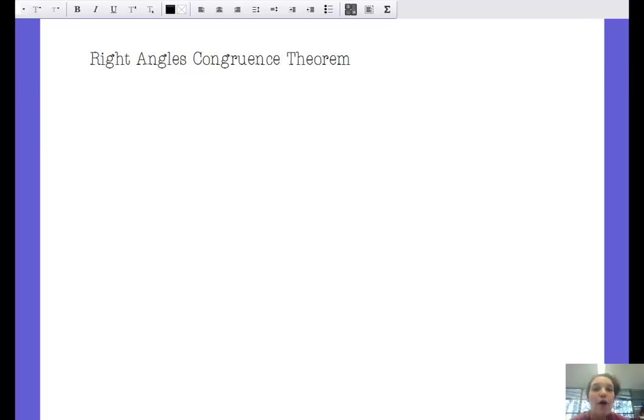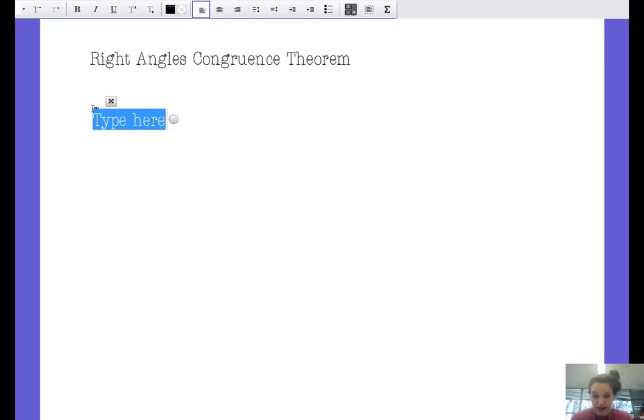So the first theorem is the right angles congruence theorem, and the name of this theorem essentially explains what it means. If you have two angles that are both right angles, they're going to be congruent to each other.